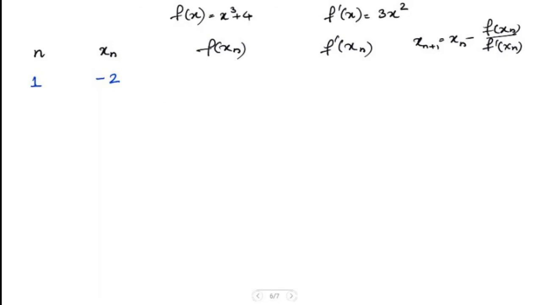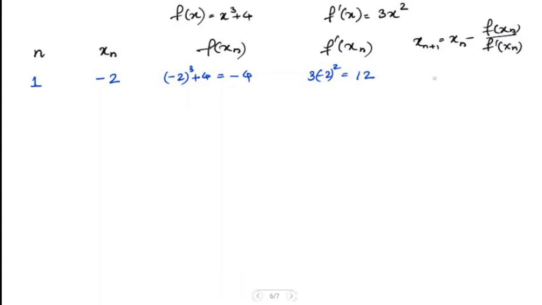Now we have f of x1, that is putting -2 in the function, -2 cubed plus 4. Maybe I'll write down the work. That's -8 plus 4, which is -4. And then we have 3 times -2 squared, that's 4 times 3, which is 12.